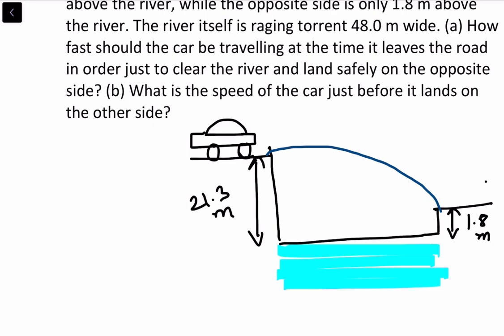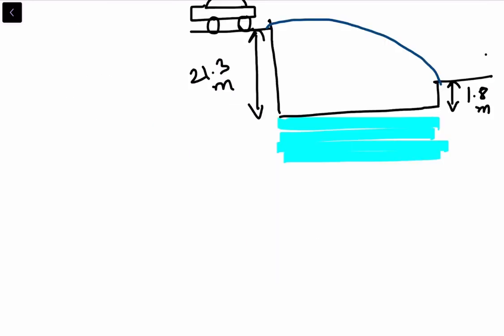So the question is, how fast should the car be when it jumps off the road? And what is the speed of the car just before it lands on the other side? Let us see what data is given. One side is 21.3 meters high and the other side is 1.8 meters high. Therefore, let us take the difference in height as the vertical displacement.